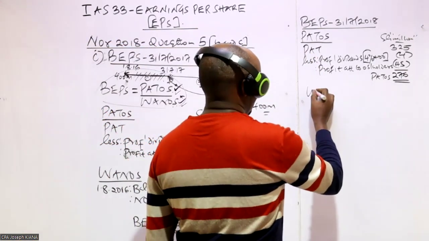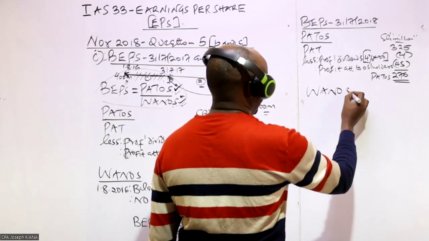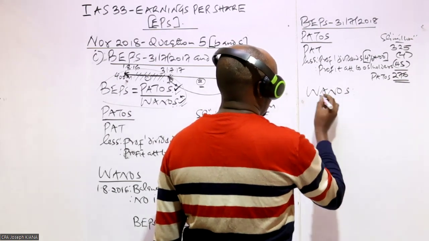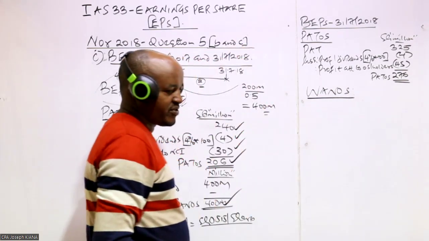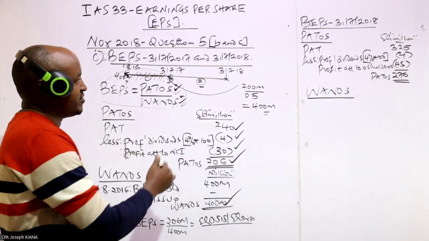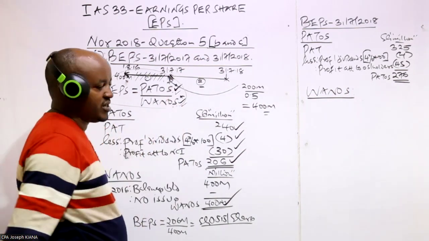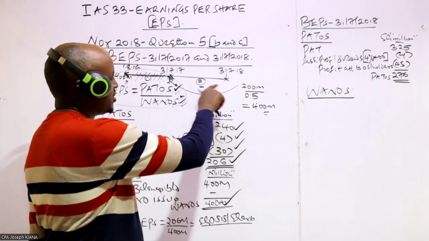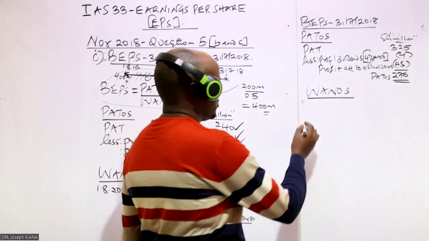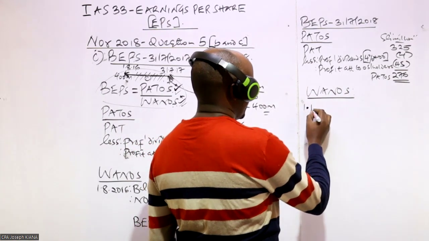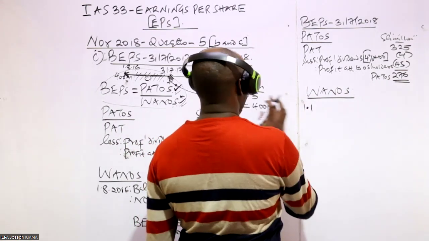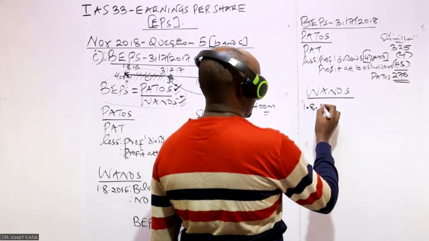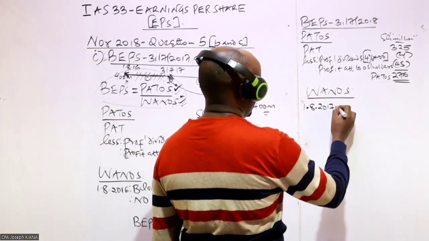And then from there, we need to proceed and compute the weighted average number of ordinary shares. To compute it, we have to take into account the ordinary shares issued and fully paid at the start of this year, plus the other shares which were issued during that year. Here we start with the shares issued at the start of the second year. Remember, this second year started on 1st of August 2017.